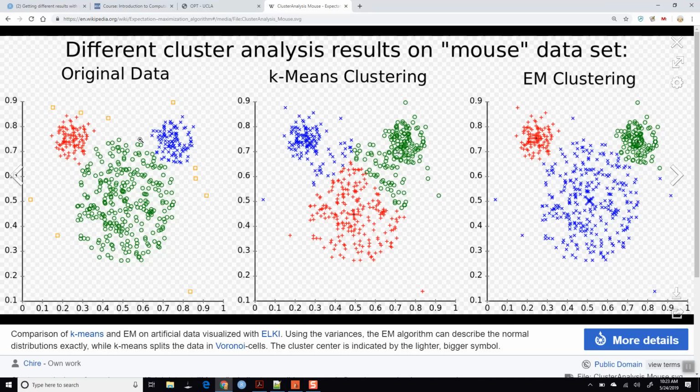And again, because k-means clustering uses just a distance, it ends up putting these points together in here, and these points up here with this cluster, whereas the EM algorithm allows us to take into account different shapes, and we will cluster them according to what seems to make sense. We're taking into account the shape and the spread of the distribution.